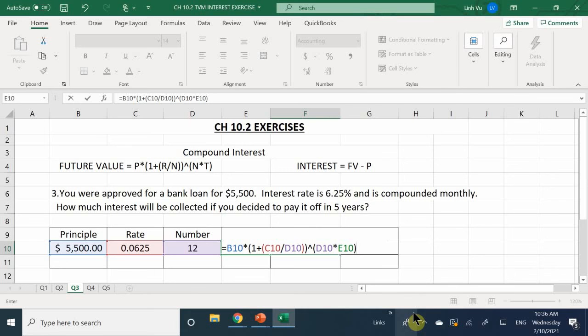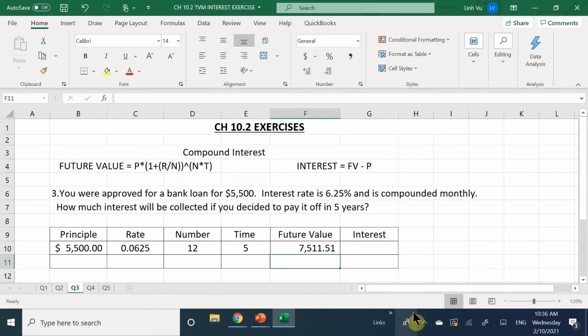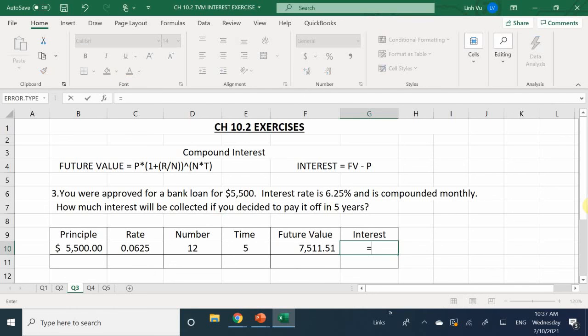Okay. Once you have that formula, press enter, and what did you guys get, if you're doing Excel with me? Okay, well, what's the future value? 75,1151.